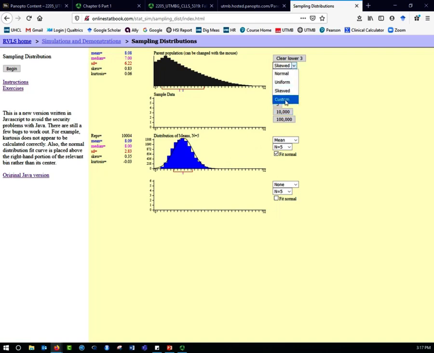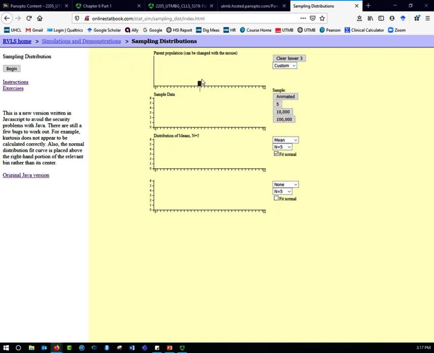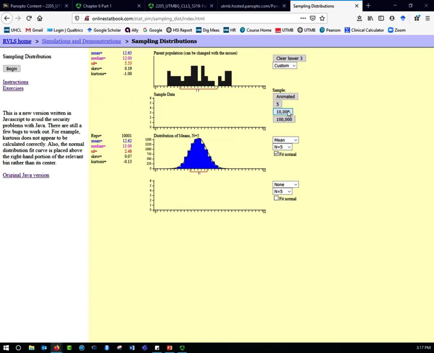All right, and then we can do a custom one where we just pick our own and play with it. Let's just go straight. So there you see, anytime we take a sampling distribution of a sample statistic, in this case the mean, with a sample size large enough, it will approximate the normal distribution.